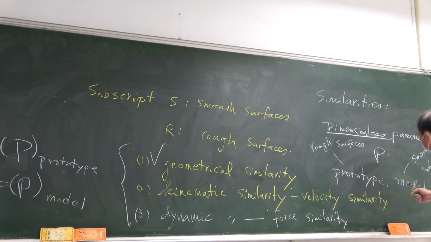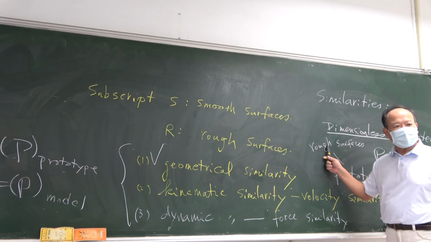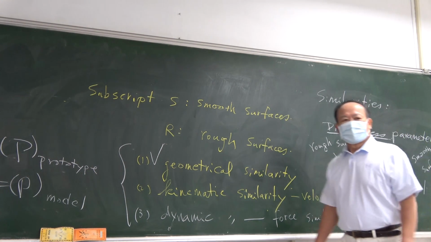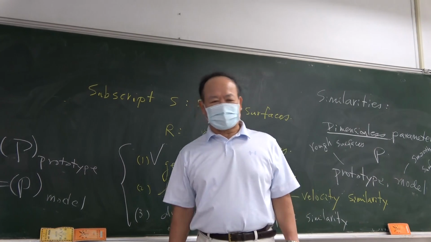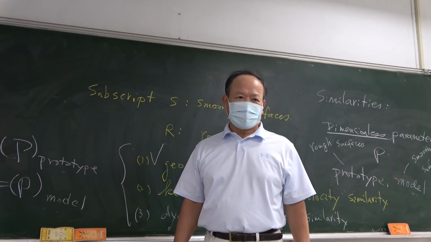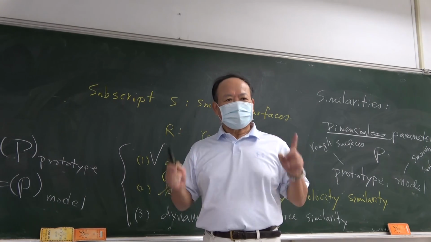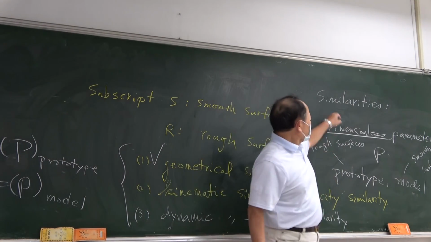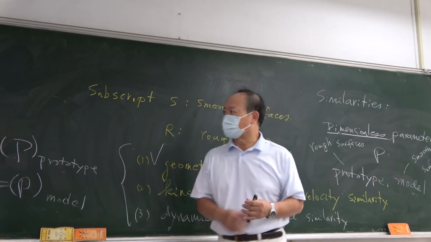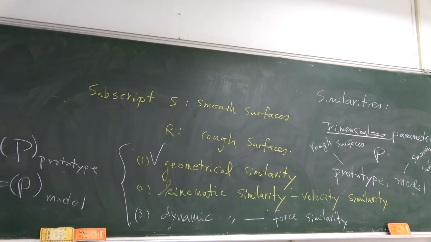Now allow your smooth surface geometric parameter equal to the parameter of the rough surface. Okay. But this parameter, 这个参数 should be dimensionless. 无因次. Okay. So how to do it?